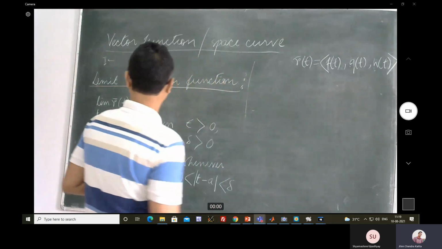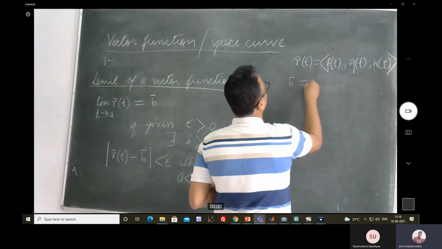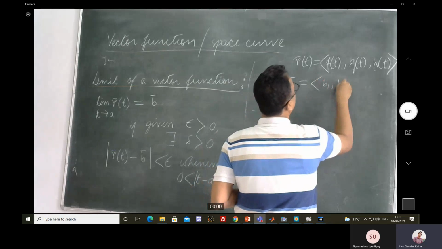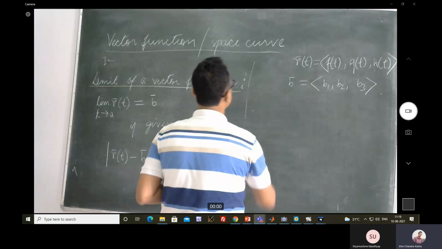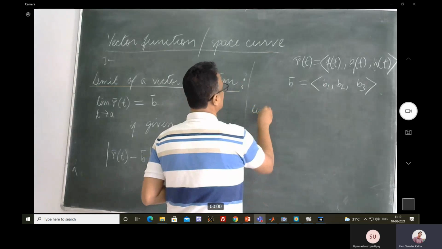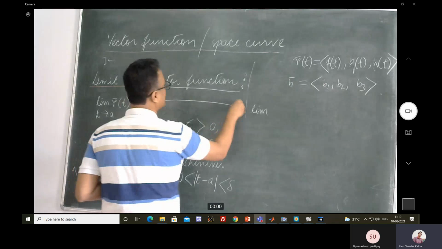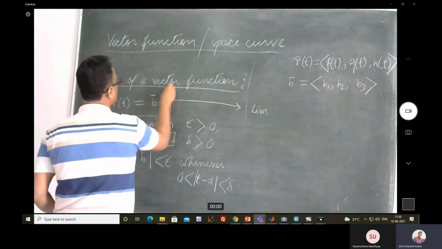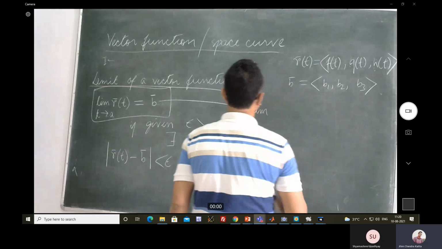Okay, anyway. So now, if I call the fixed vector B1, B2, B3, under this definition, what is going to happen? From here, what is that going to imply?